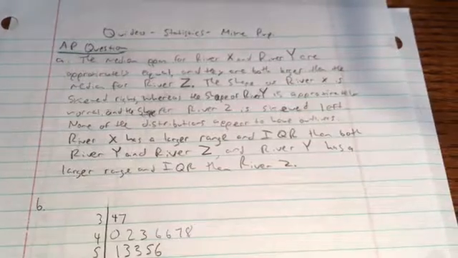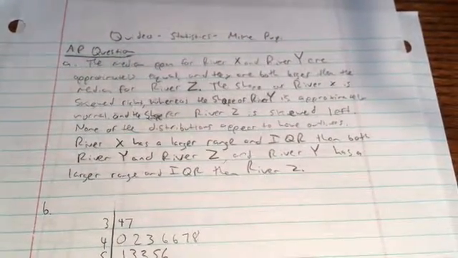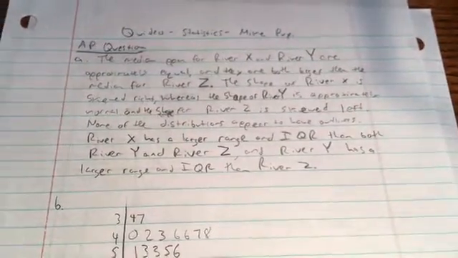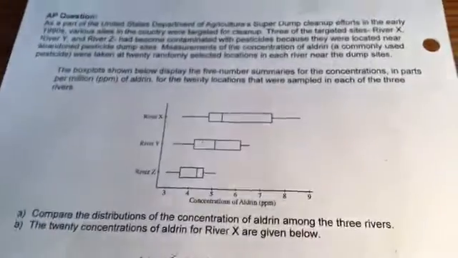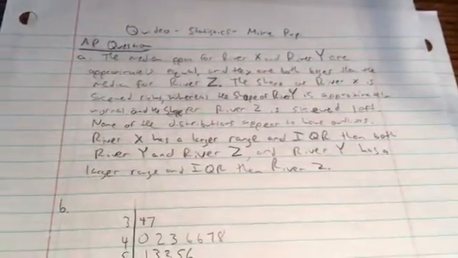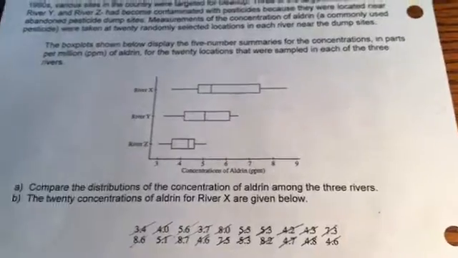I'd say the shape of River X is skewed right, whereas the shape of River Y is approximately normal, and the shape for River Z is skewed left. So I'm comparing X, well, it's different than these two because of the reasons stated. None of them have outliers, so that is one component which they all share in common.